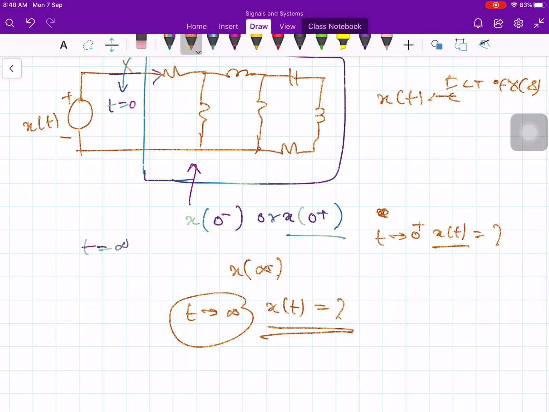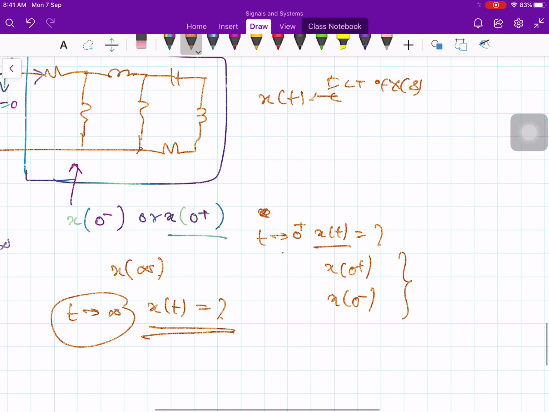Now, people thought, is there any way to find out this x of 0 plus and x of infinity without taking the inverse Laplace transform? Because in the time domain I wanted to know the value at t equals 0 plus, the moment you close the switch.